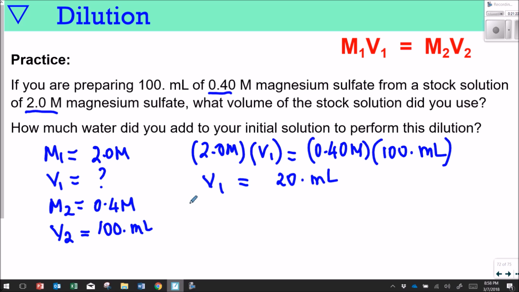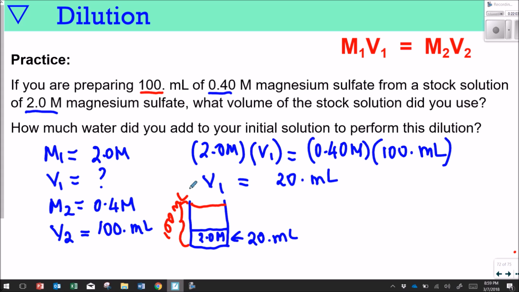So we can draw a picture there to see what happened. We had the stock solution, which was 2 molar, and we now know that we had 20 milliliters of this solution. And then we added water to this solution, and we know that the final volume of the diluted solution, so all of this, was 100 milliliters.